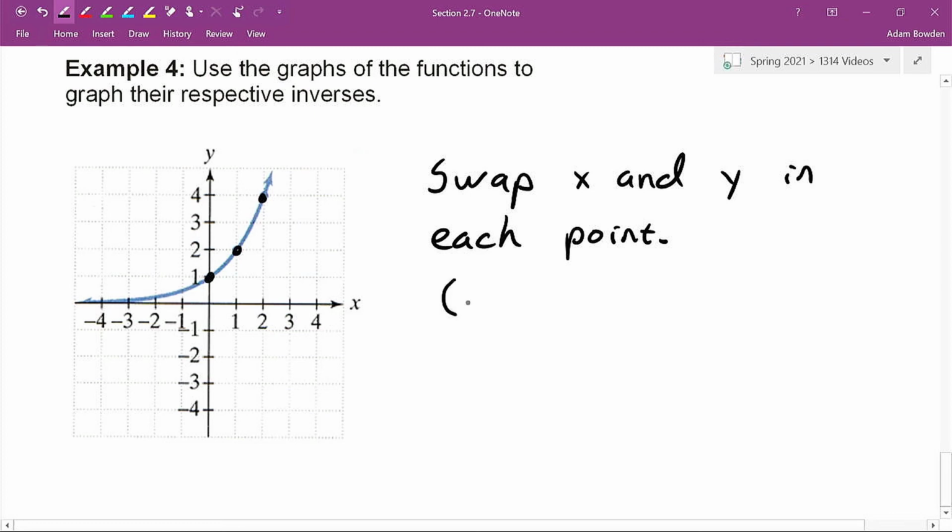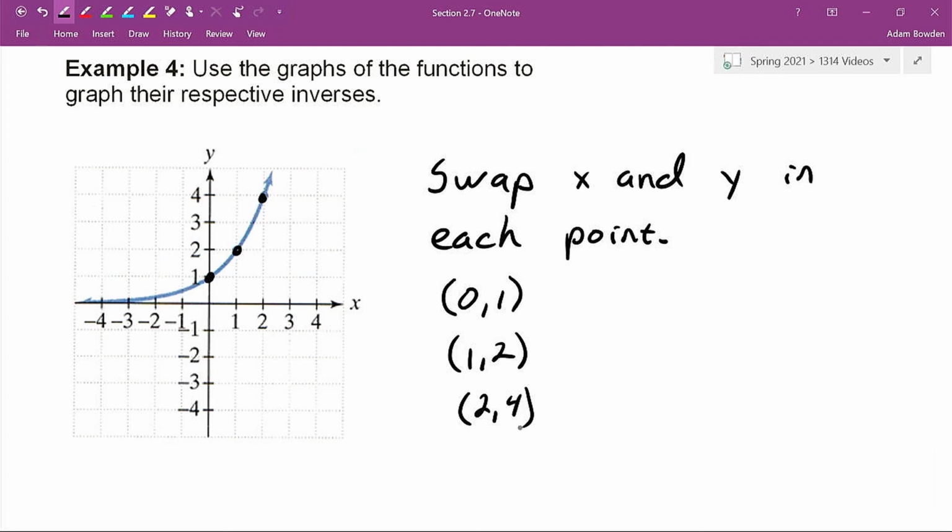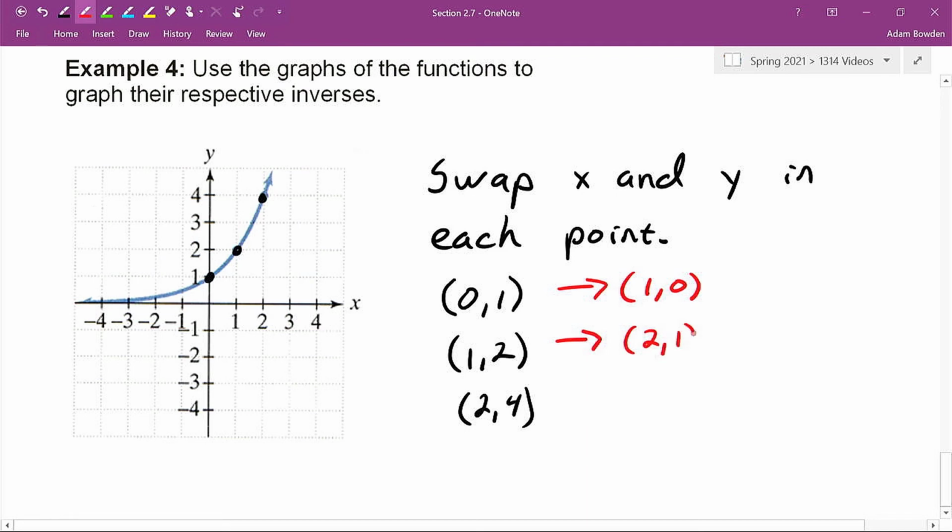So in this graph, we have points like (0, 1), (1, 2), and (2, 4). If I was to swap those points around in this particular graph, I would have points like (1, 0), (2, 1), and (4, 2). So I'll plot those points here.